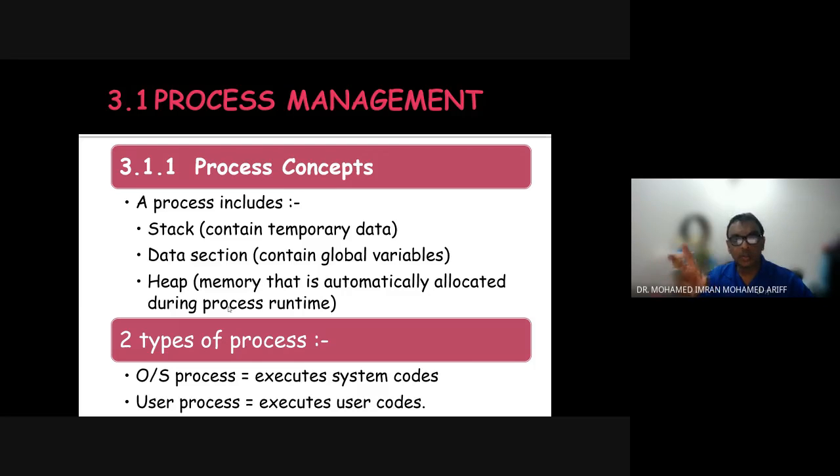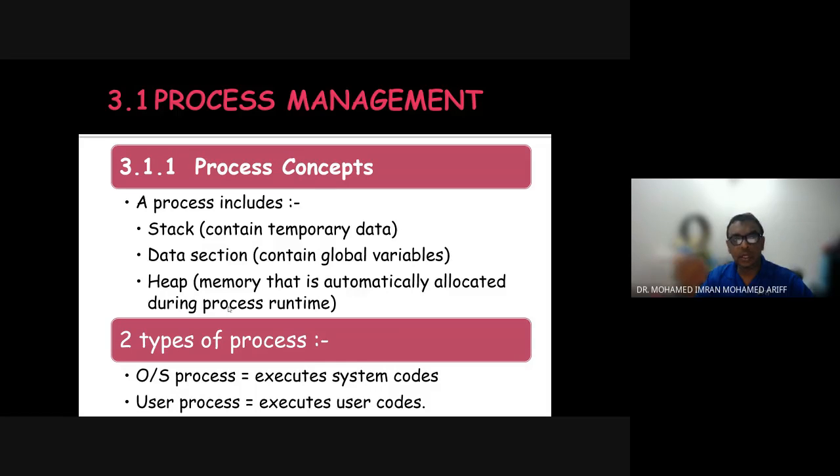There are two types of process highlighted by the operating system. One is the operating system process, and the other is the user process. A user process is executing user code, whereas the operating system process executes system code.